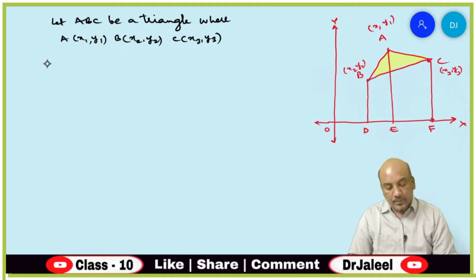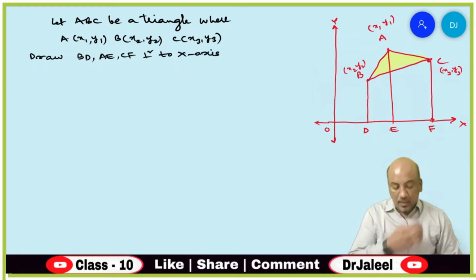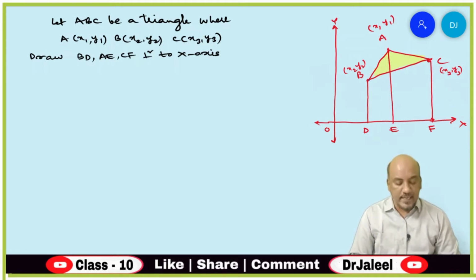Let us mention that. Draw, what are the perpendiculars, children? Here BD, AE, CF perpendiculars to the x-axis. After this, we will now try to understand how we can find the area of this triangle.